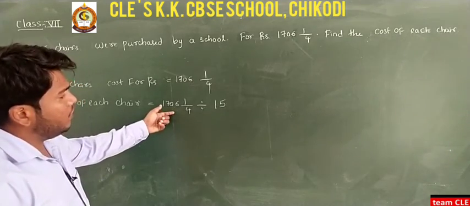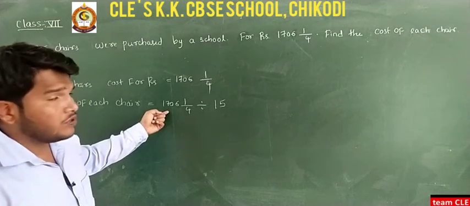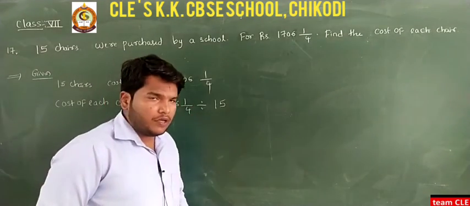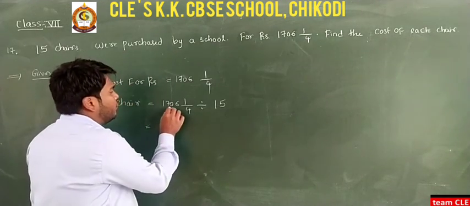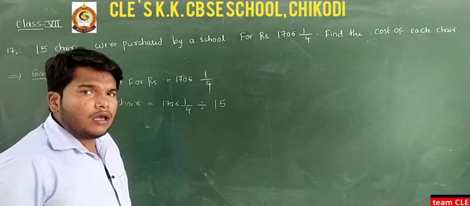Again, this is fraction by whole number. This is 1706 integer 1/4, and you have to divide it by 15. So dear students, first you convert this mixed fraction into an improper fraction.